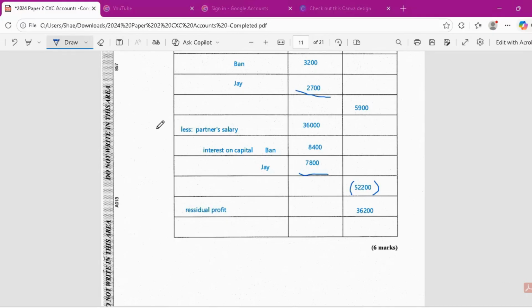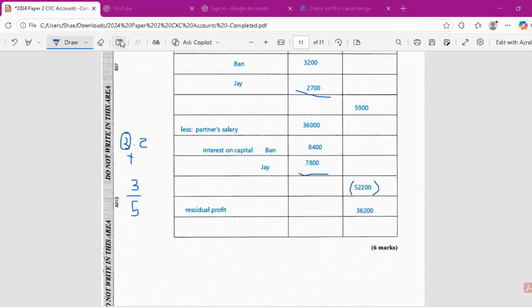If the ratio is 3 to 2, the format to find out how much each person should get is that you're going to add both numbers to give you the denominator. So that's 5. And we're saying that Ban should get 3. So we put the 3 over the denominator and multiply it by the profit. J, on the other hand, should get 2. So it's 2 over the denominator, which is 5.